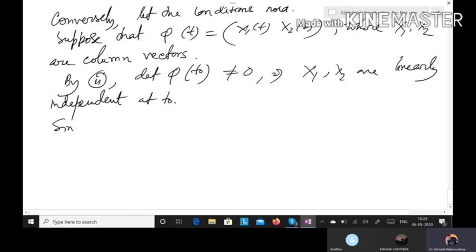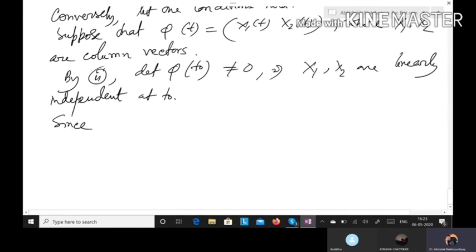Also, if we differentiate the map phi t, by condition 1, which says that phi is a solution of the system x dot equal to Ax, that means phi dot t is A phi t.